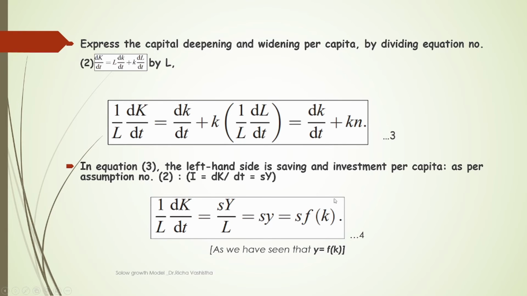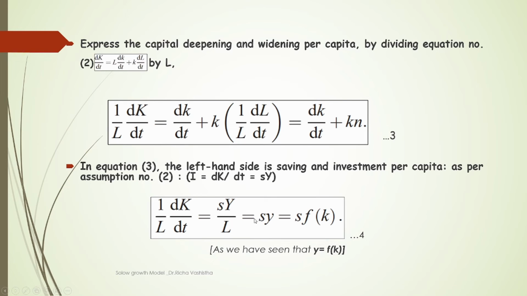In this equation, the left hand side is saving and investment per capita, as per assumption number 2, which says that I is equal to dk upon dt, and this is nothing else but sY. So the value has been put in here, and this part is taken as sY.